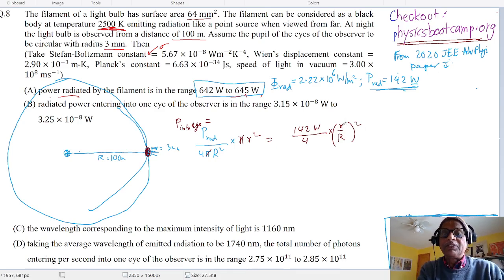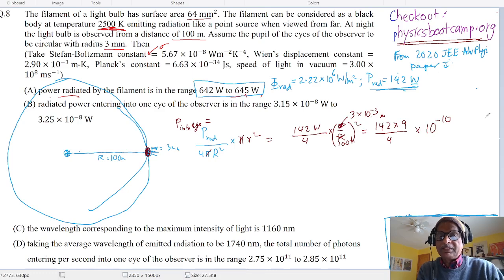So this will be 3 times 10 to the minus 3, making it meters, over 100 meters. So meter gets cancelled out, and this will be in watts. So this is 142 times 9 over 4 times 10 to the power minus 6, minus 10, squared, giving minus 10, this many watts.